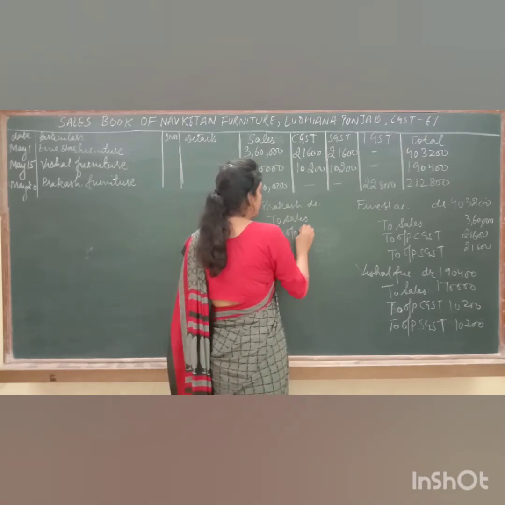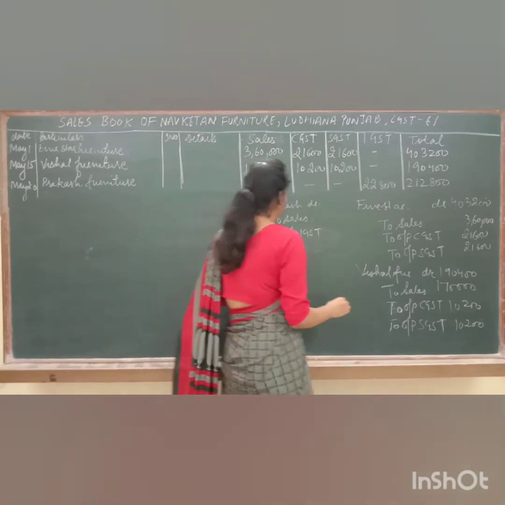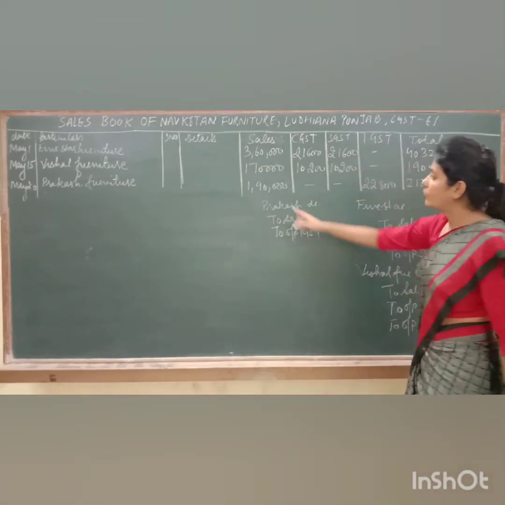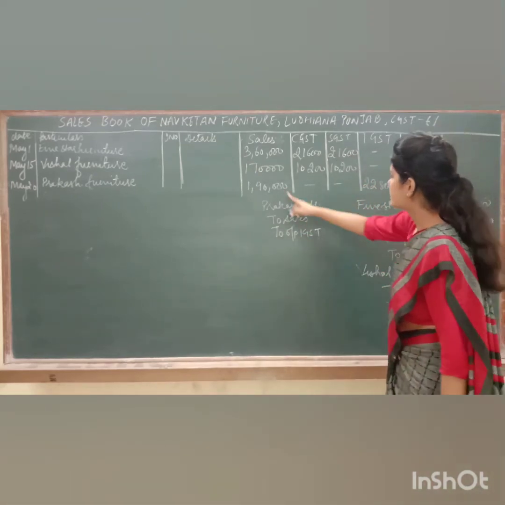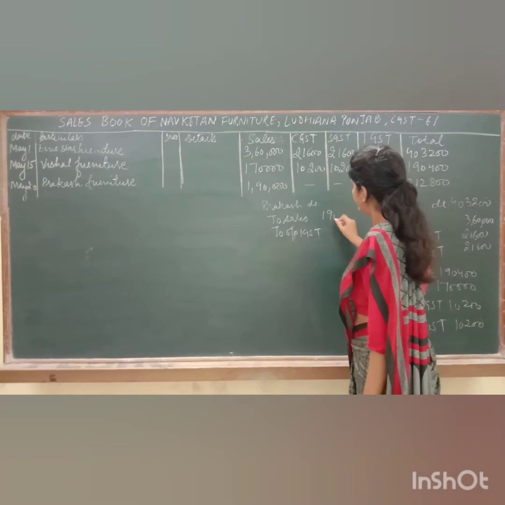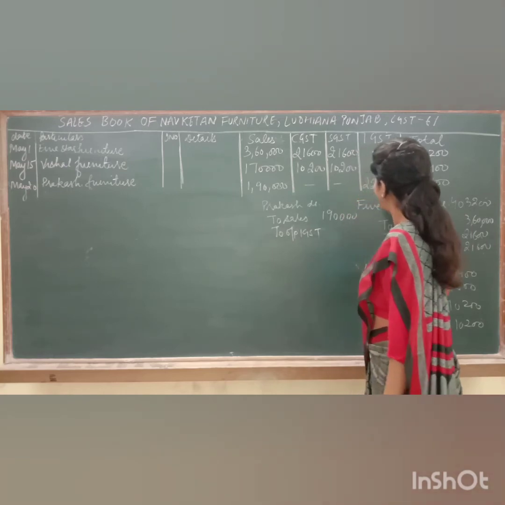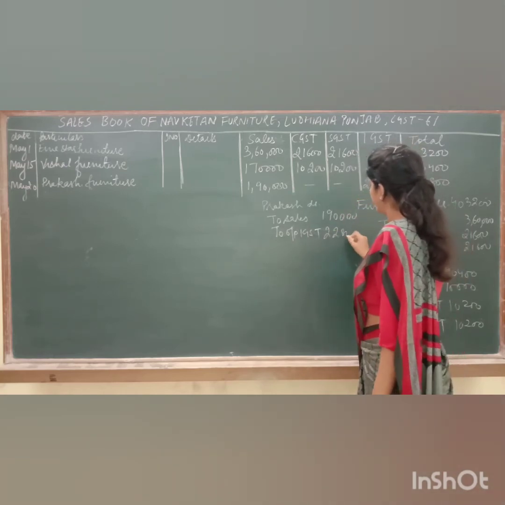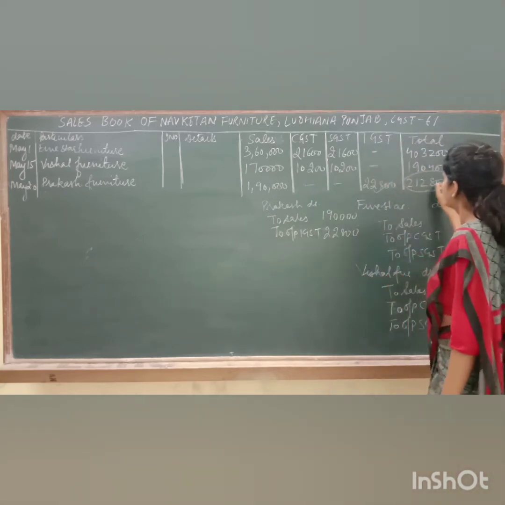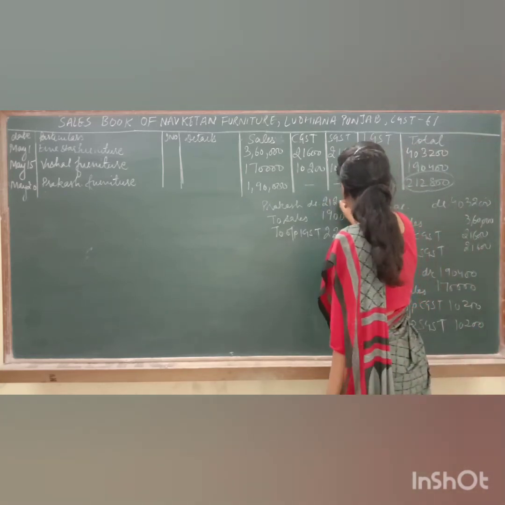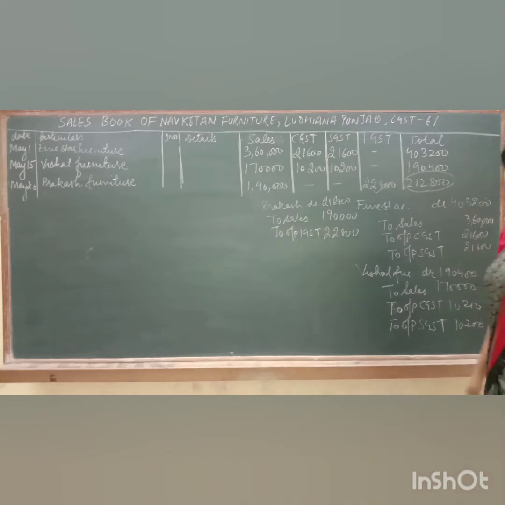To output IGST. That's all. How to write the amount? Amount of sales 1,90,000 in front of sales. IGST is 22,800. Total is 2,12,800. So this will be in front of Prakash. I hope you have understood the meaning of these entries.